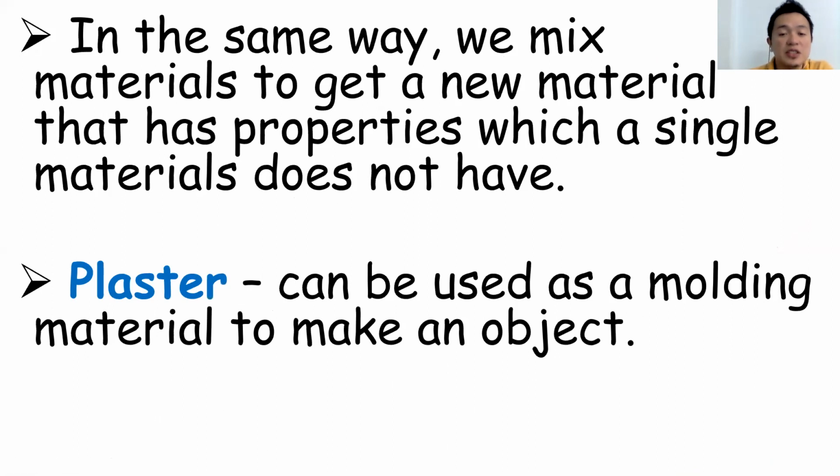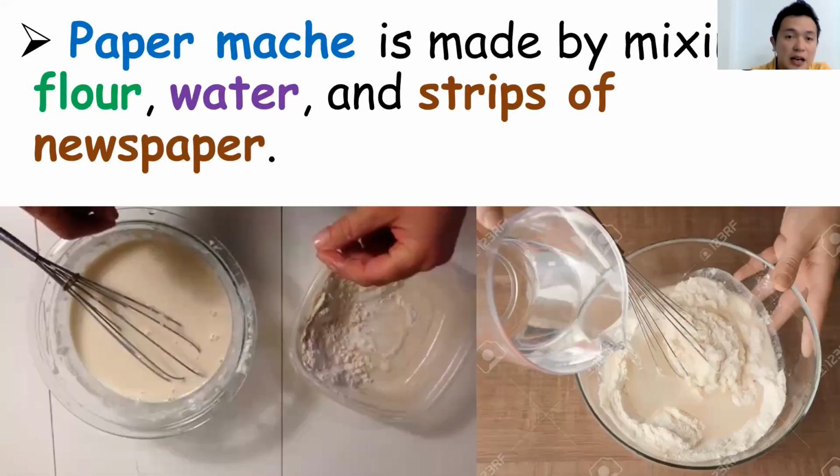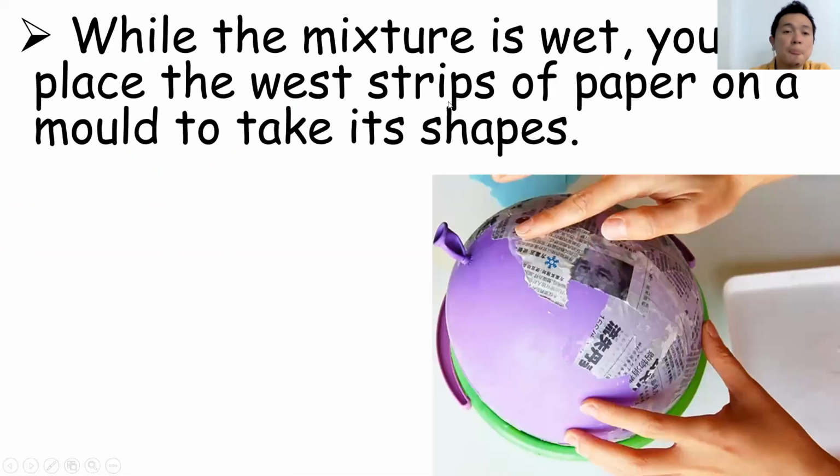Here we have plaster, which can be used as a molding material to make an object. And also we have paper pulp, which absorbs water and has no fixed shape when it is wet. See that? Paper mache is made by mixing flour, water, and strips of newspaper.